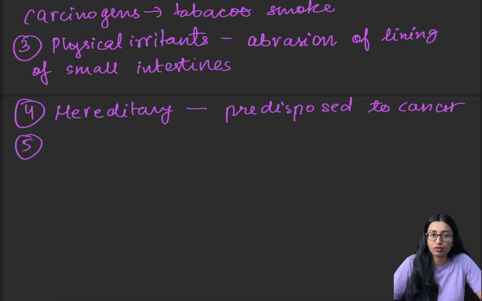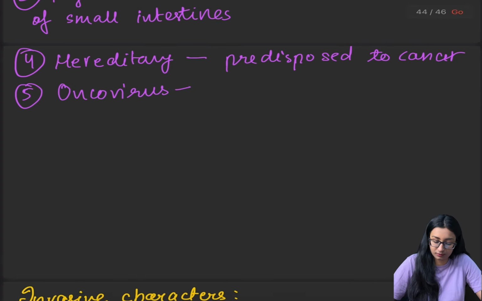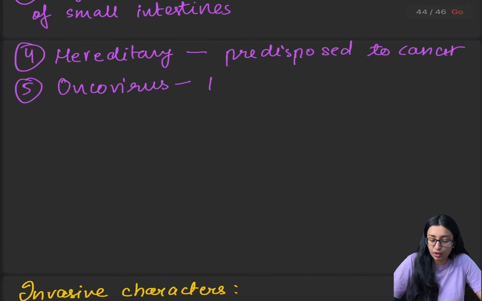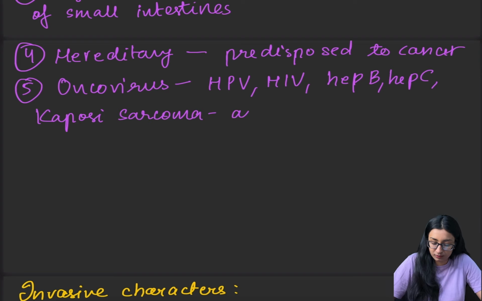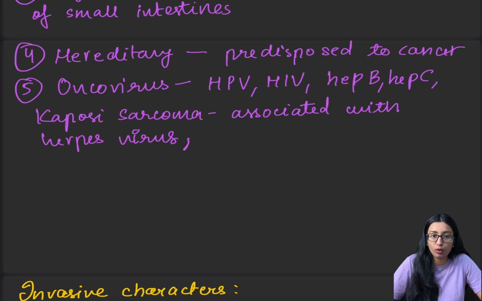And the last is oncoviruses, for example human papilloma virus, HIV, hepatitis B and C, Kaposi's sarcoma associated herpes virus, and Merkel cell polyomavirus.